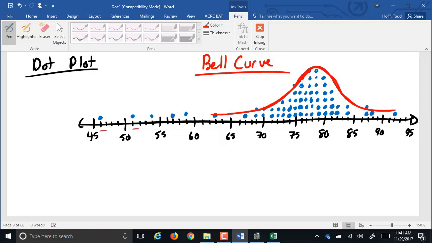What I want you to do for question 7, I want you to answer parts A, B, and C. Read through those and, looking at those dot plots, answer those questions. And again, I'll give you about 6 or 7 minutes and we'll talk about the answers you got for those questions.